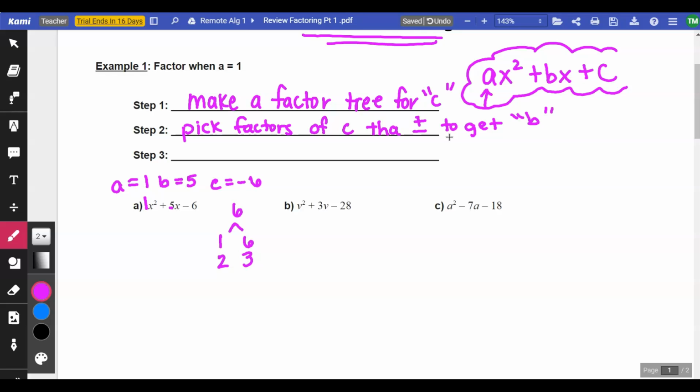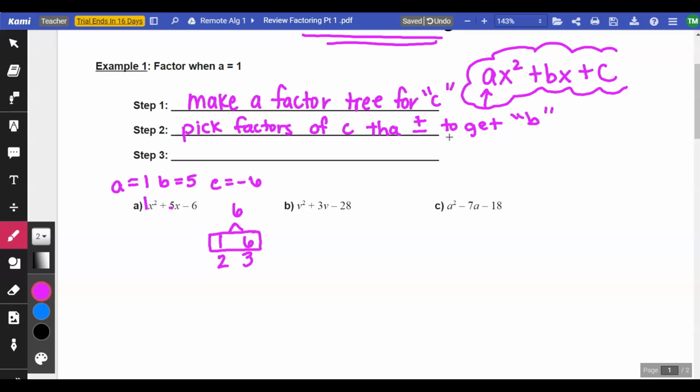So in this case, 1 and 6 and 2 and 3 will get us positive 5. However, I know that when I multiply, I need to end up with a negative 6. And so to get a negative 6, I can only have one of these be positive and one of them be negative. So I'm going to stick with 1 and 6, because I can have one of them be positive, the other be negative, and they'll add to get me 5.